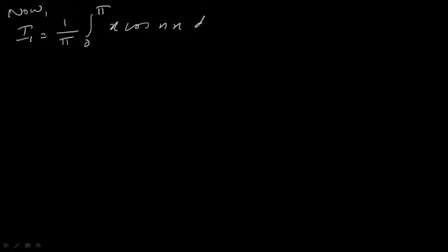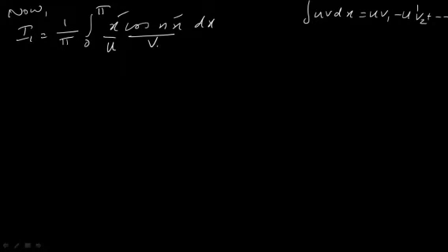You know the formula integral uv dx, isn't it? That is uv1 minus u dash v2 plus etc. So this is a product of two functions involving the variable x. So we are going to integrate this using the formula for integral uv dx. For that, let me take u as x and v as cos nx.